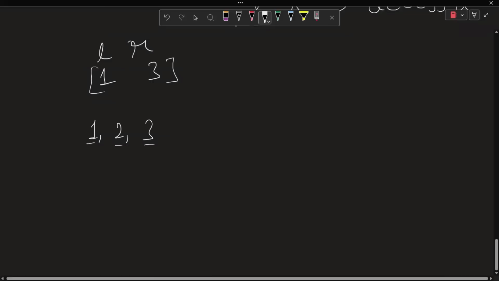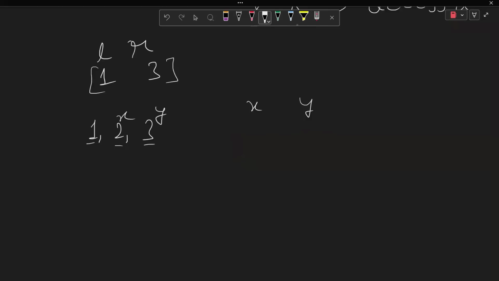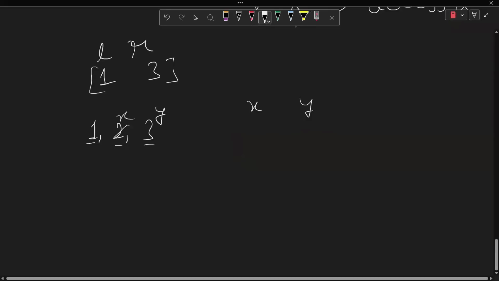Then in every operation, he would select an X and a Y, so two numbers. Let's say he selected this as an X, this as a Y. He would replace X with 3X, so 2 becomes 3 times 2, which is 6.